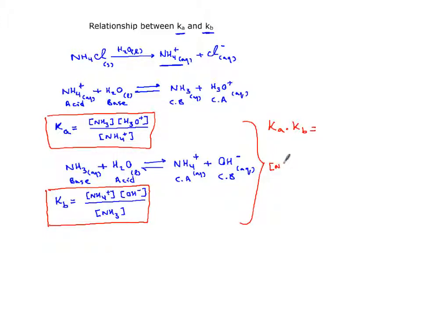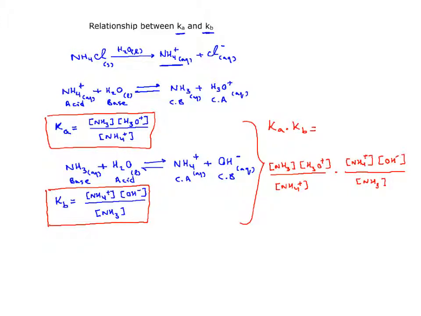So this is my Ka, which is ammonia times hydronium over ammonium, multiplied by Kb, which is this ratio of ammonium multiplied by hydroxide divided by ammonia.